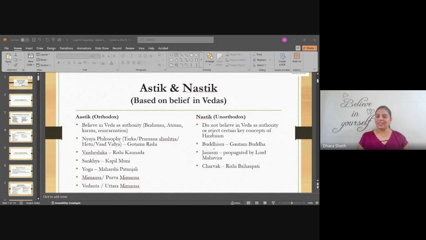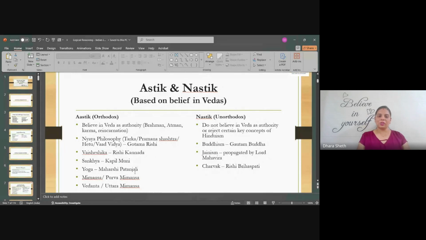They rejected certain key concepts of Hinduism, and then they built their own rule systems, and they did not accept the Vedas as the final authority. Okay.